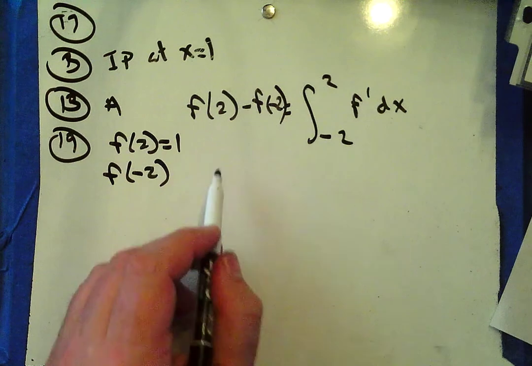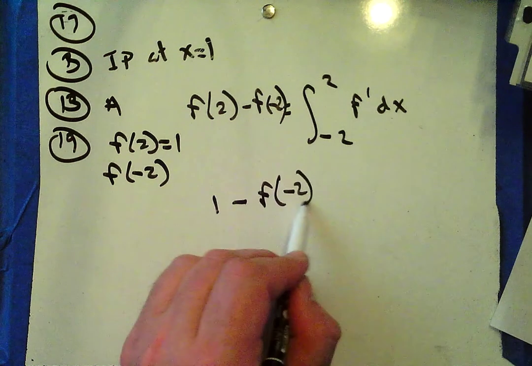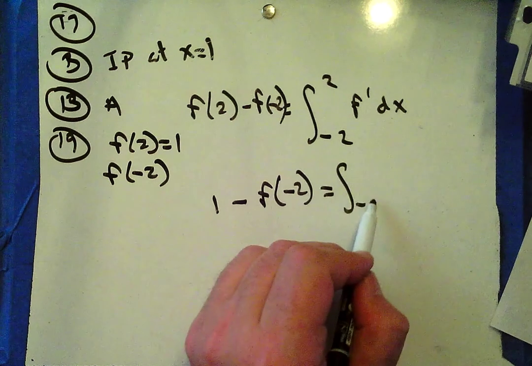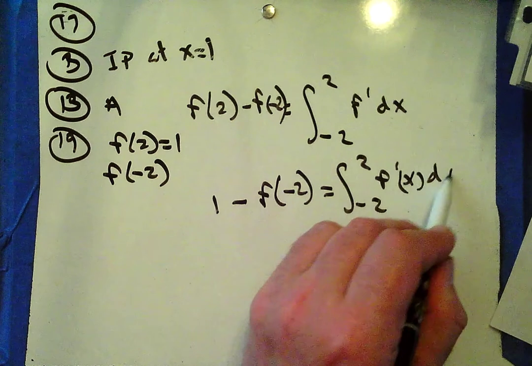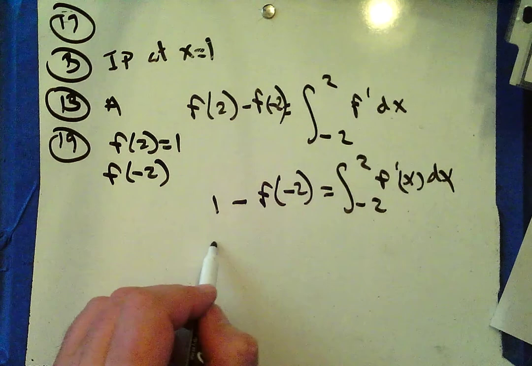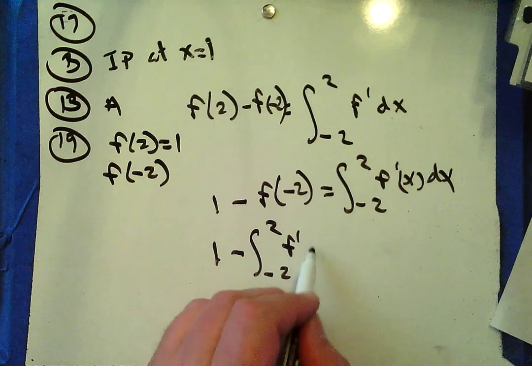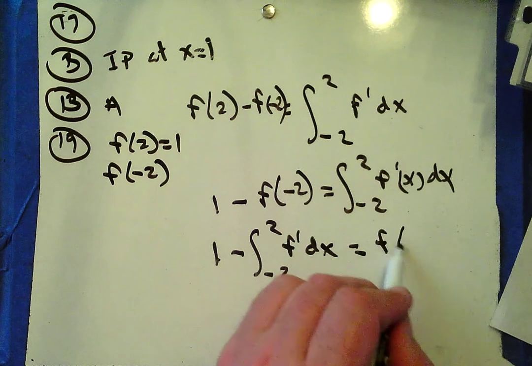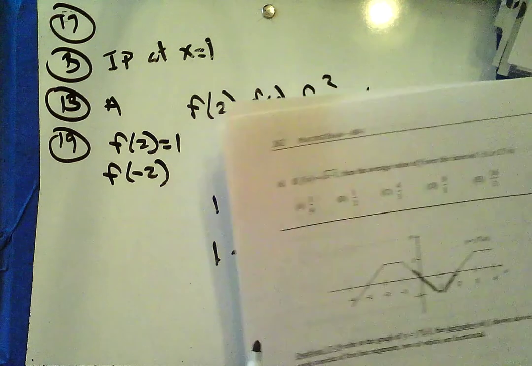And so I'm going to get 1 minus f of -2 equals the integral from -2 to 2 of f prime of x dx. Or 1 minus this integral equals f of -2. So let's find the integral from -2 to 2.